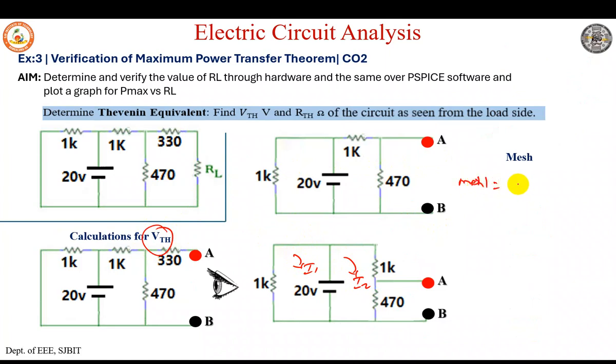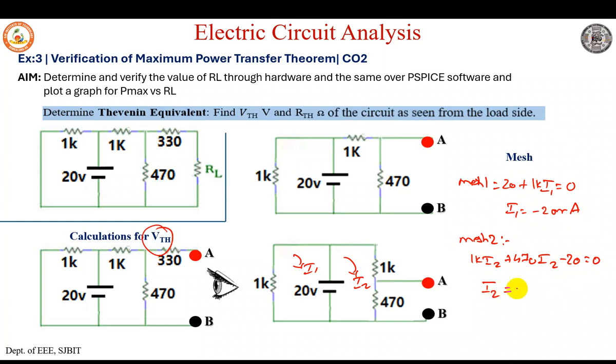For mesh 1, you'll be writing this as 20 plus 1k I1 is equal to 0, or you can solve that I1 is equal to minus 20 milliamps. And similarly, for mesh 2, one will write this as 1k I2 plus 470 I2 minus 20 equals to 0, right?